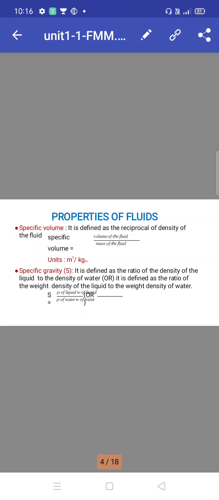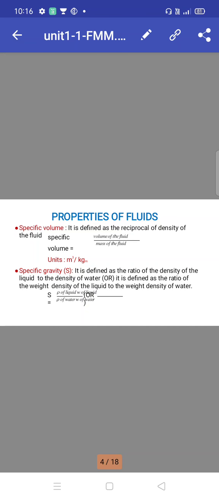A specific volume, so volume divided by mass. So these are the terms we have to utilize in specific. So what will be the volume based on the mass? Here the unit is, volume is meter cube, then mass is kg. So meter cube per kg. This is the value of specific volume.